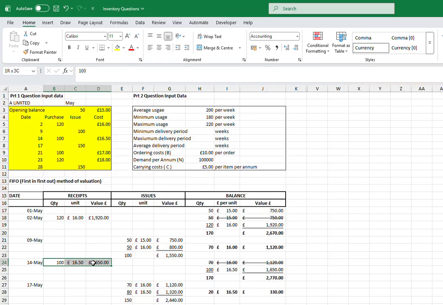So if we had an instruction that, say, 50 of these ones, which I'm highlighting, were returned, then we would go in the issue column and put it as at £16.50. And that's the rules.